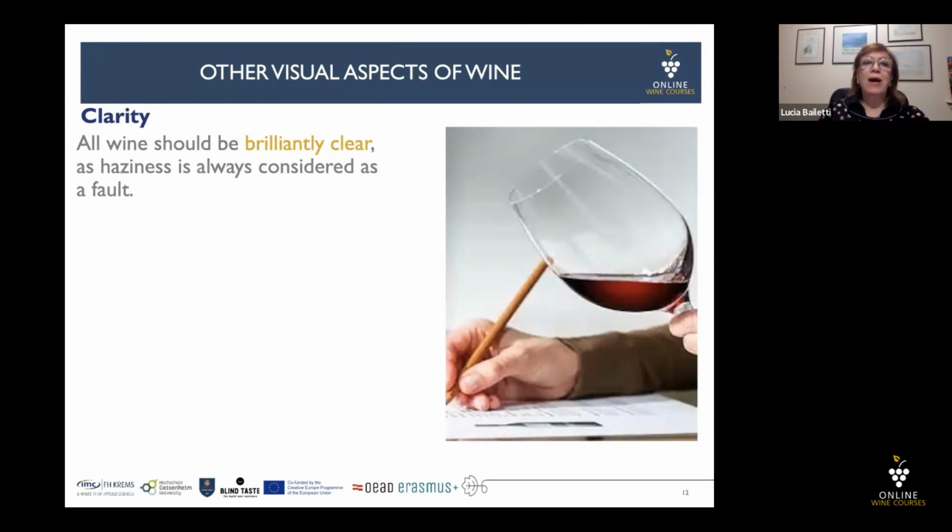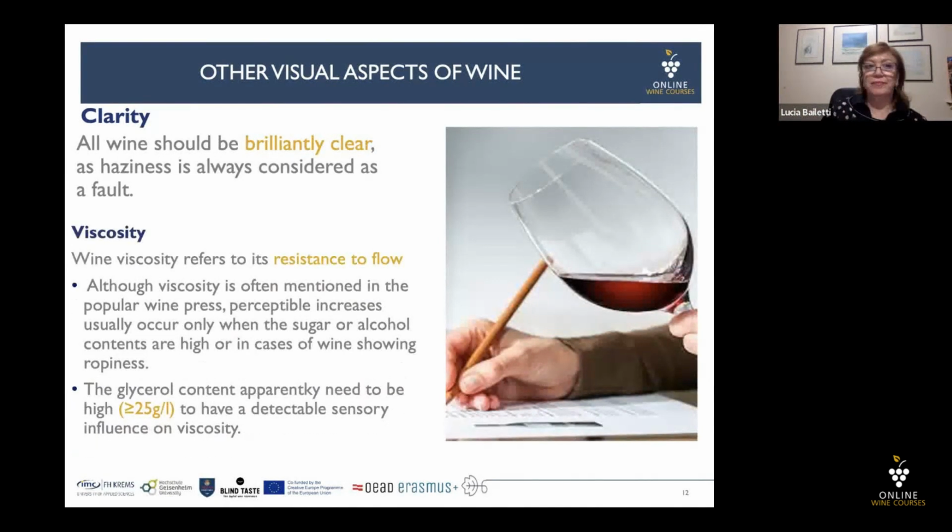Clarity. All wine should be brilliantly clear, like this. Very clear. Haziness is always considered a fault. Viscosity. Wine viscosity refers to its resistance to flow.